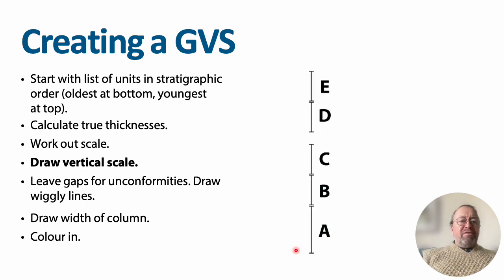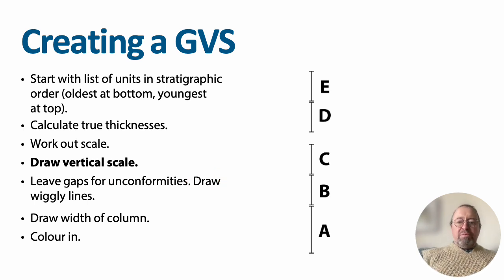So the way to go about doing this is to essentially figure out the order in which the sediments were deposited, then you calculate how thick they are, and then work out a scale that fits onto your piece of paper, right? If the piece of paper is 25 centimeters long, you obviously need a scale that will fit onto that, and you need to find a way to scale your true thickness to the scale you're going to draw it in, and leave a little room there for the unconformities where you can put the wiggly line.